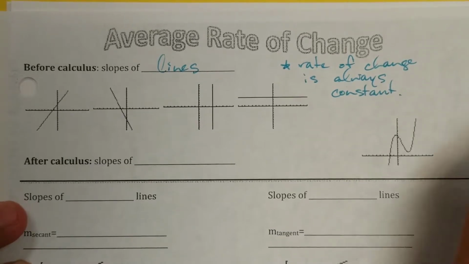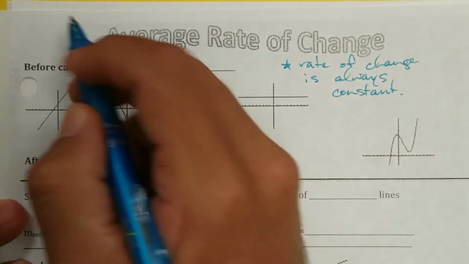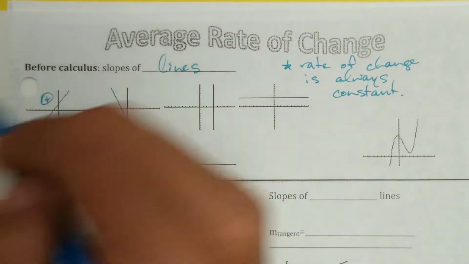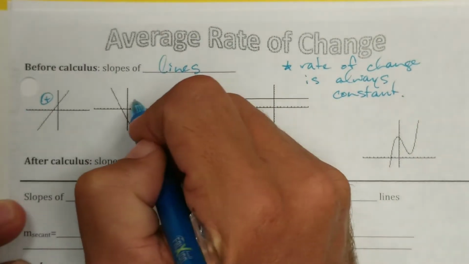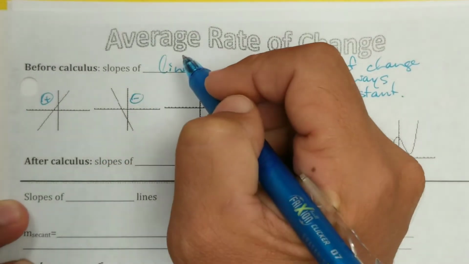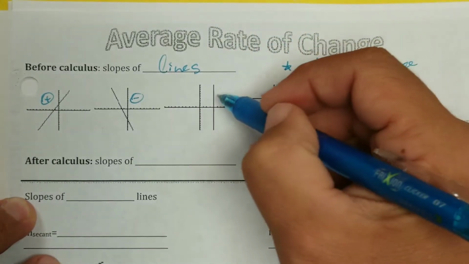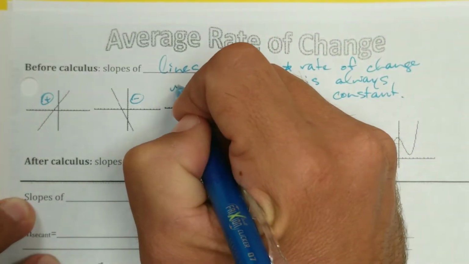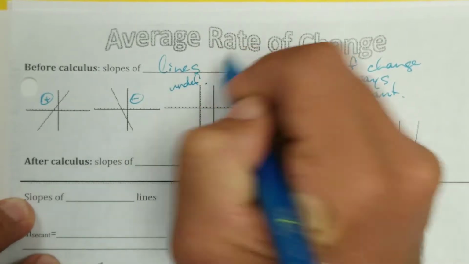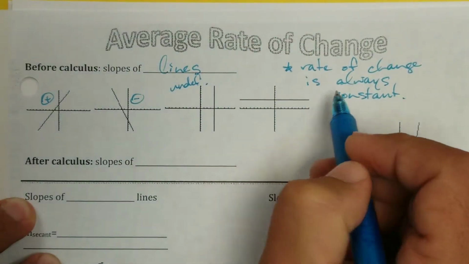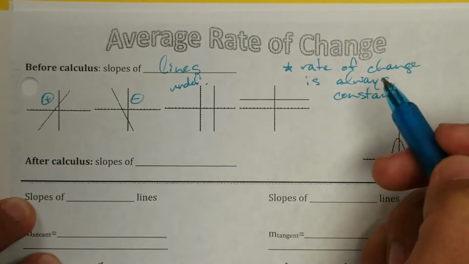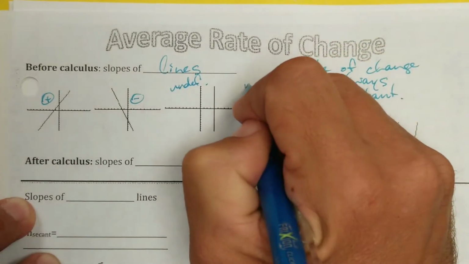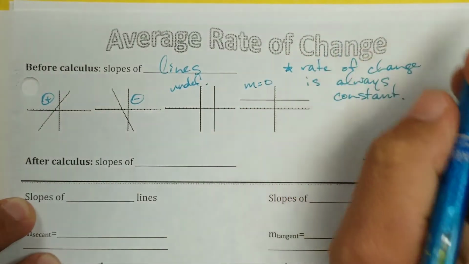Okay, so right here, if you look at this linear, this is known as a positive slope. This one here is known as a negative slope. Here we have a vertical line. That slope is undefined. And then here, this linear is horizontal, so it has a slope of 0.